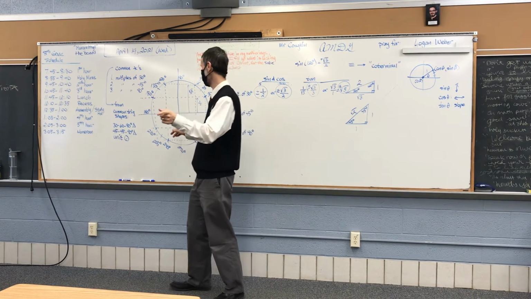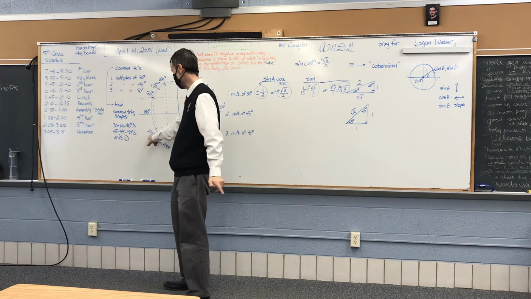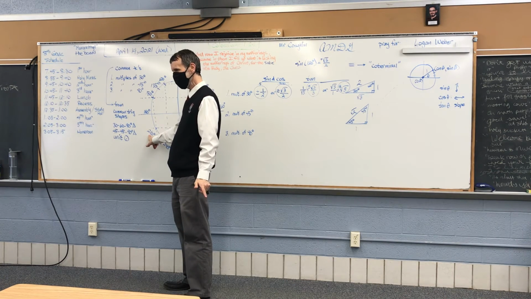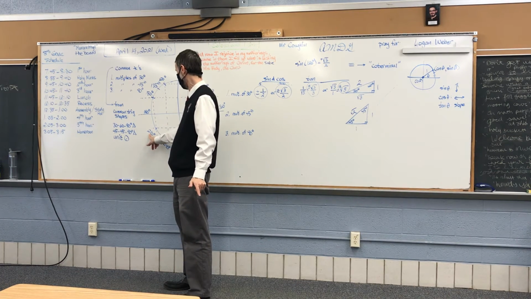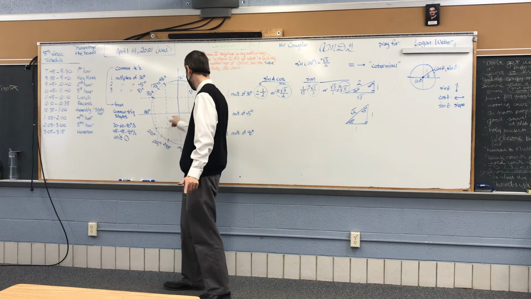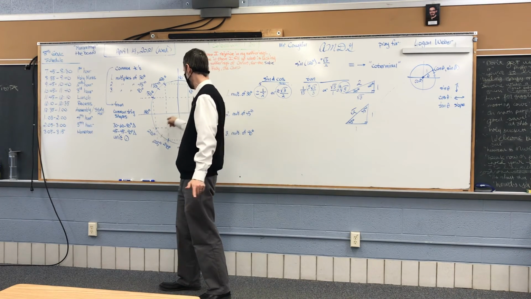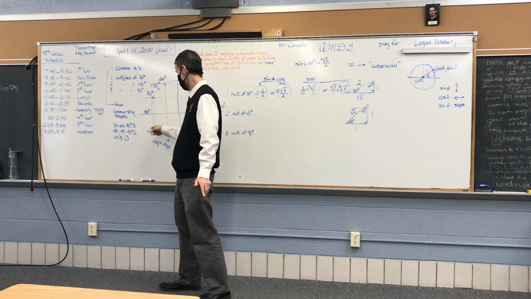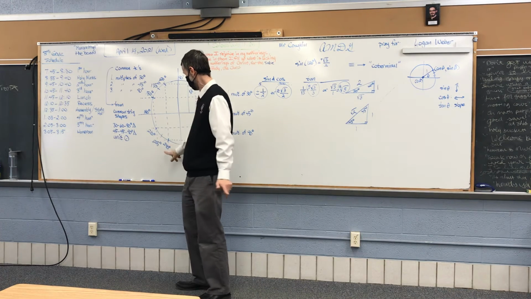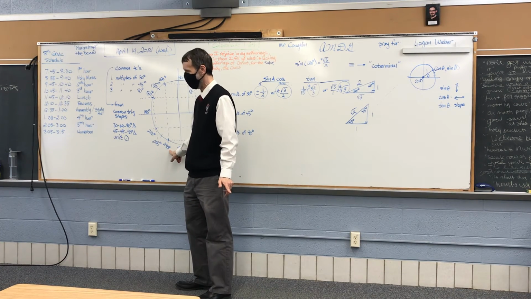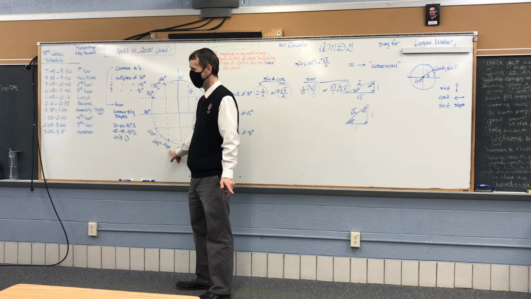Nice. Negative radical 3 over 3. Sophie, sine. Nice. Cosine. Yes. Tangent. Nice. Solid. Sine. Nice.